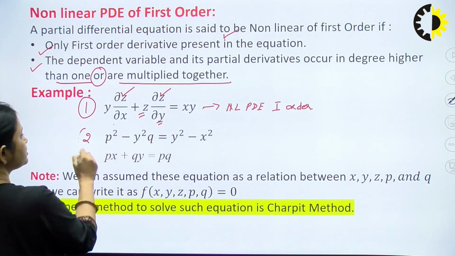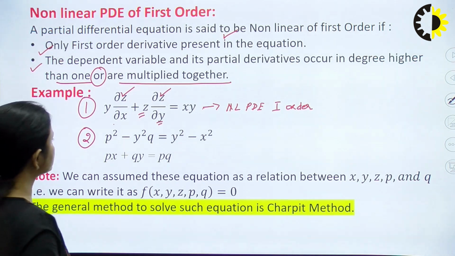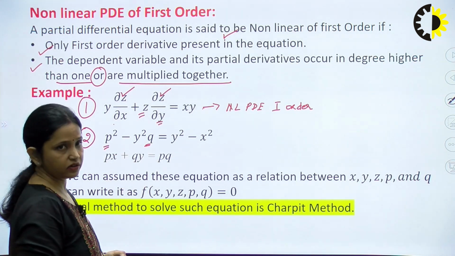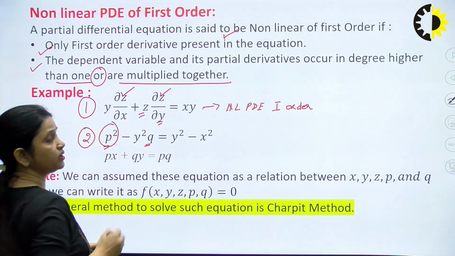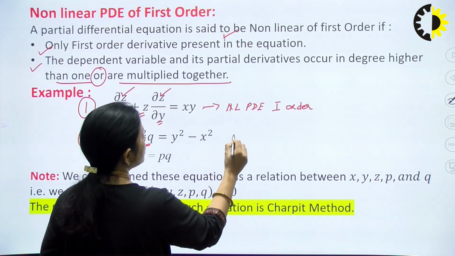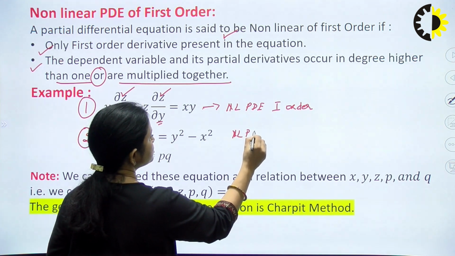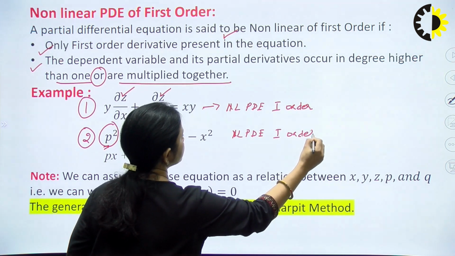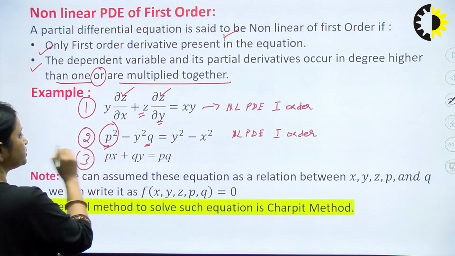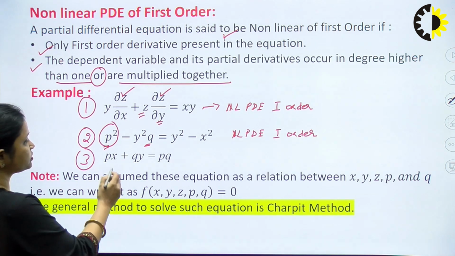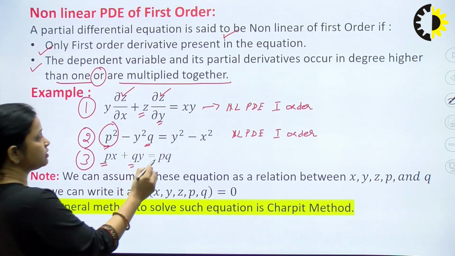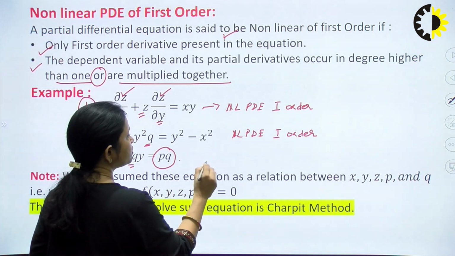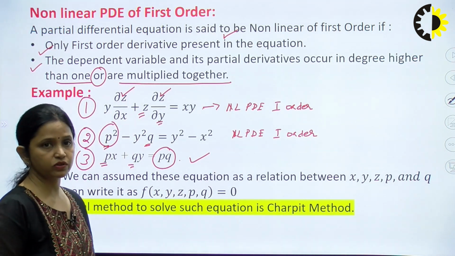In the second example, again the equation contains only first order derivatives p and q, but p occurs in degree 2. So it is again non-linear of first order. In the third example, also only first order derivatives, but p and q are present in product. So it is again a non-linear partial differential equation of first order.